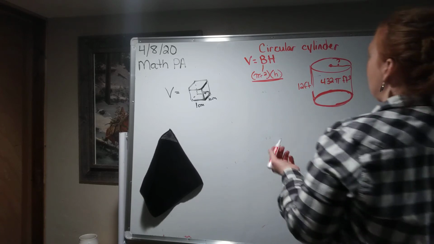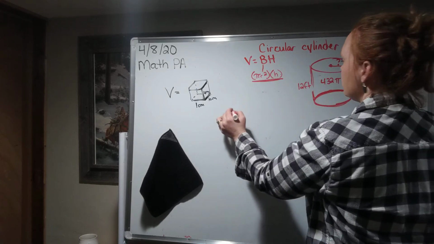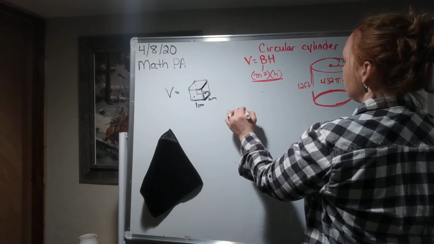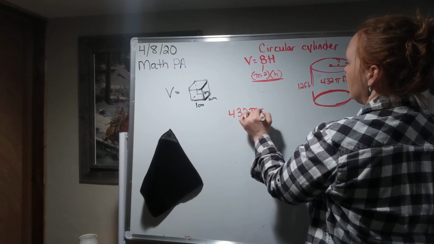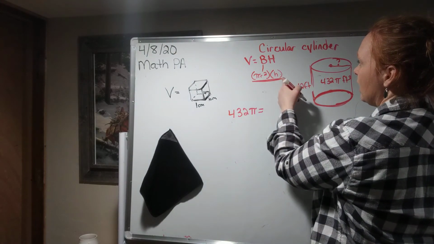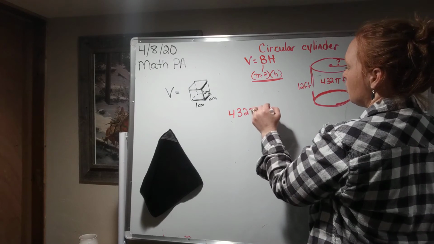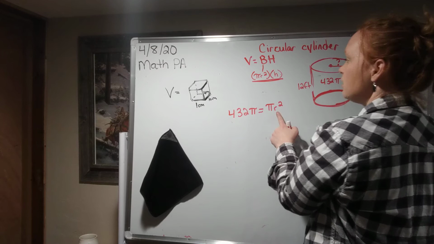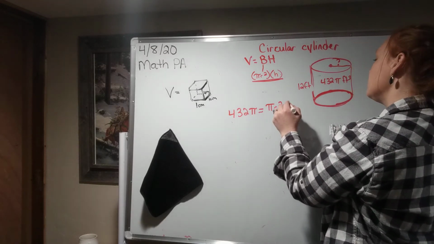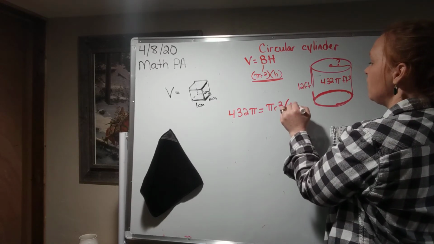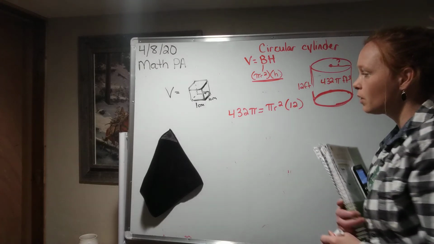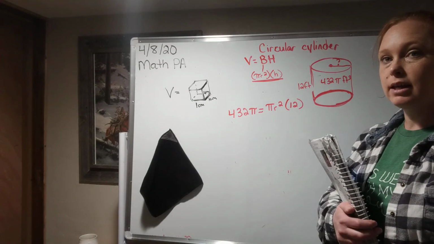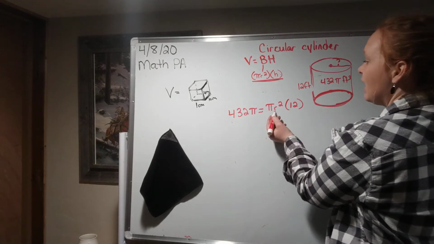Okay, so in this case, I have the volume. So my volume is 432 pi equals, I'm going to go ahead and write this out, pi r squared, because do we have the radius? No, times the height, which I do have, which is 12.